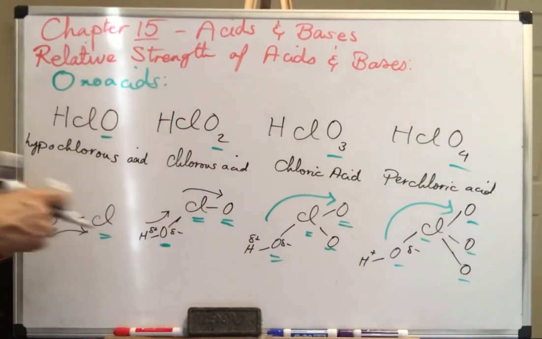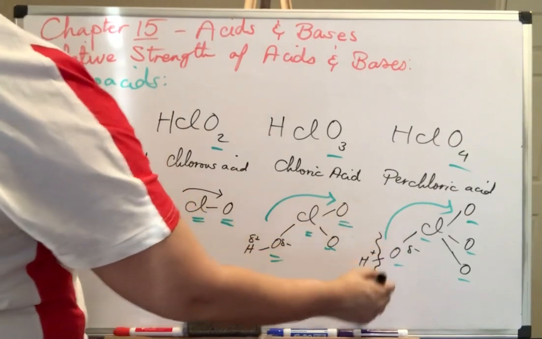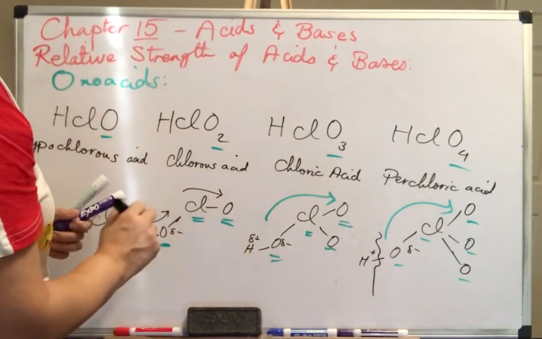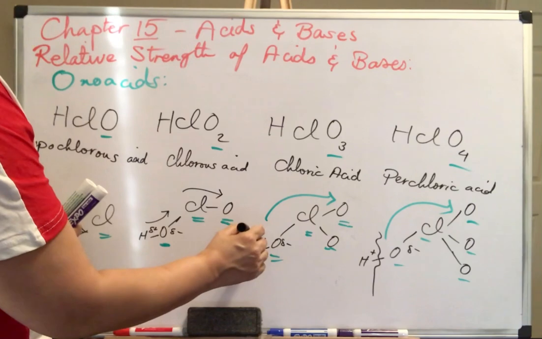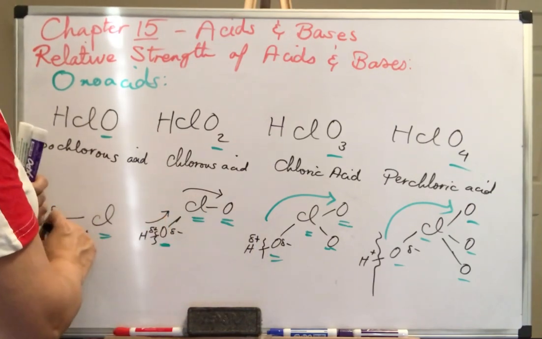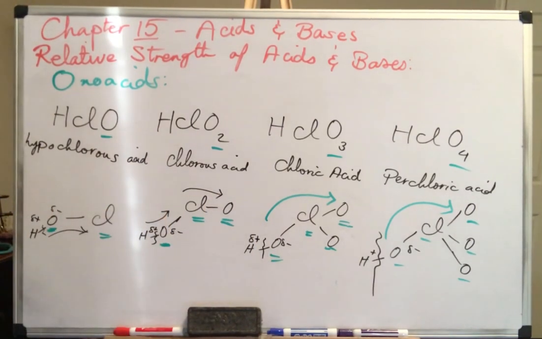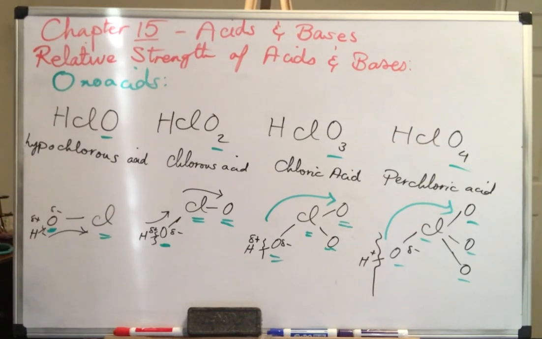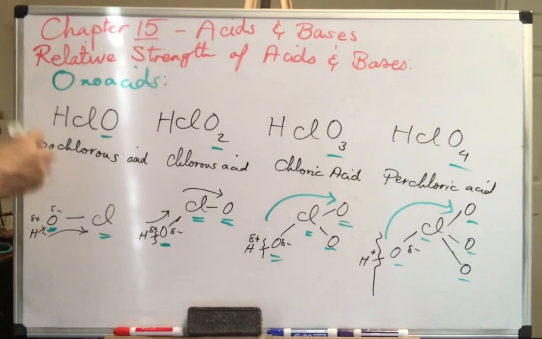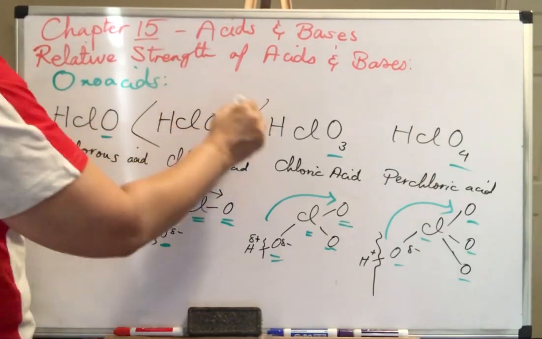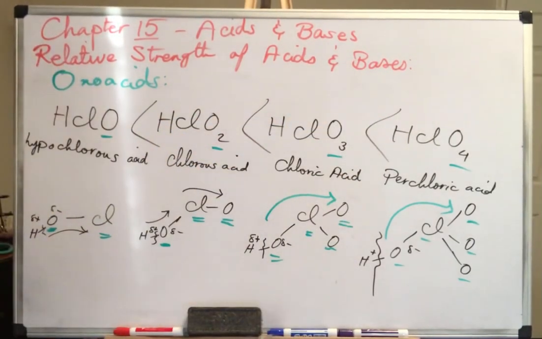So you can imagine how loose the bond will be and how fast the hydrogen will be released compared to when you have fewer oxygens. So by increasing the number of electronegative atoms, you can expect the acidic strength to be more. So the strongest is HClO4.